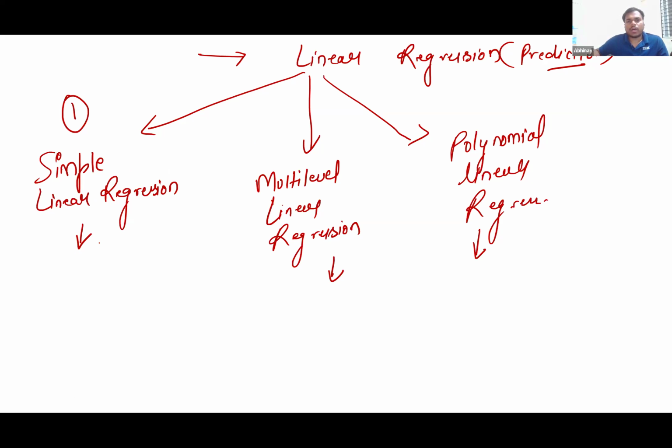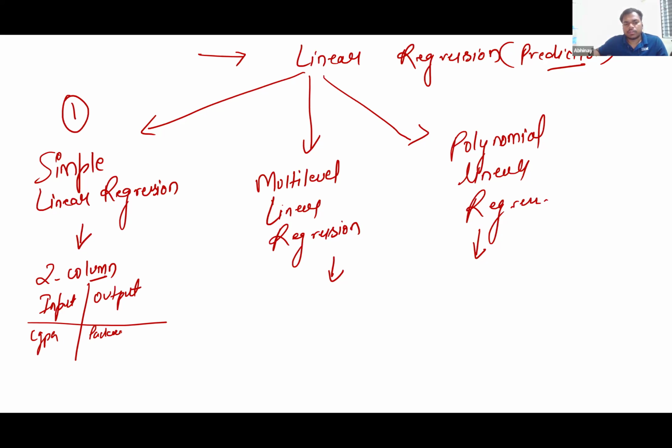Suppose whenever you have only two columns in your data set, one is your input column and the other is your output column. Maybe your input column is CGPA and your output column is package.